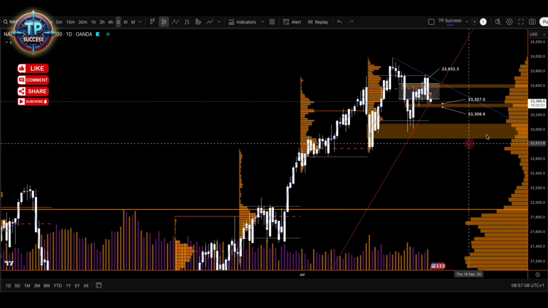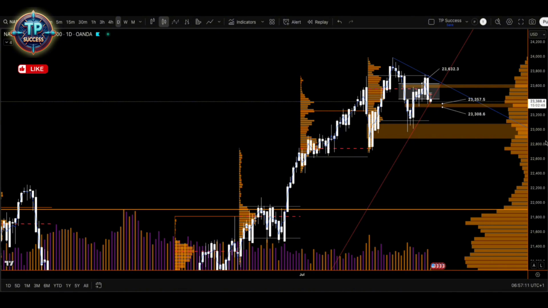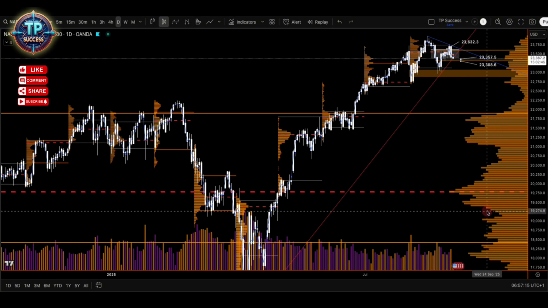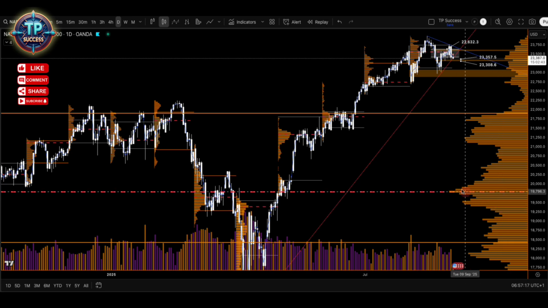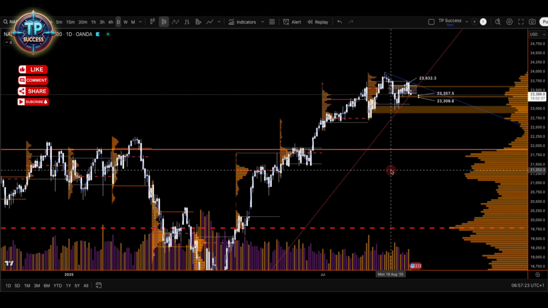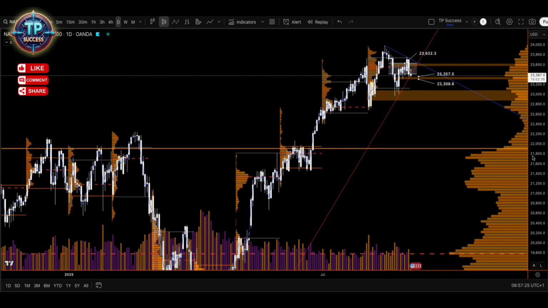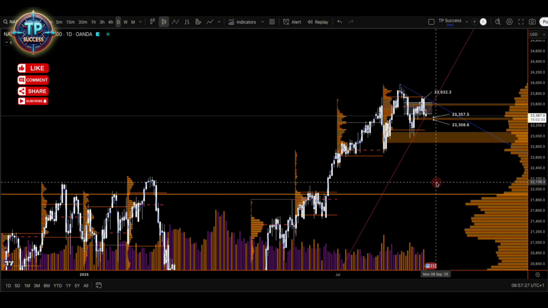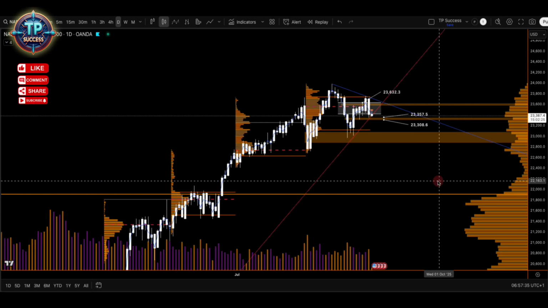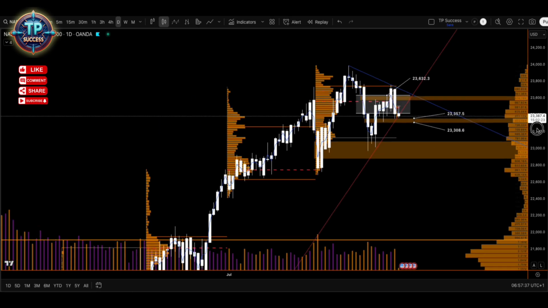And then I have the overall volume profile, which gives me the idea as to what's really been going on over a longer period of time. And then I have the volumes at the bottom. And then obviously with market structure, etc., that usually helps me lock in what I need to lock in when I am looking for a position. So with that said, we're going to get straight into the analysis for today.